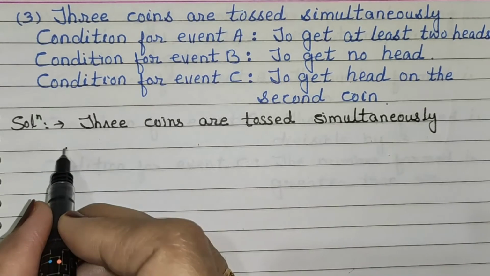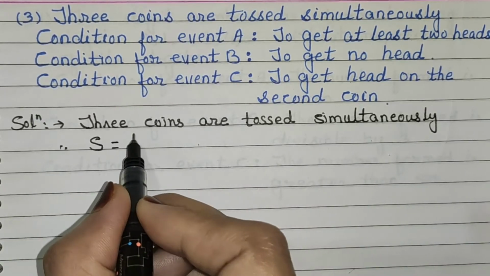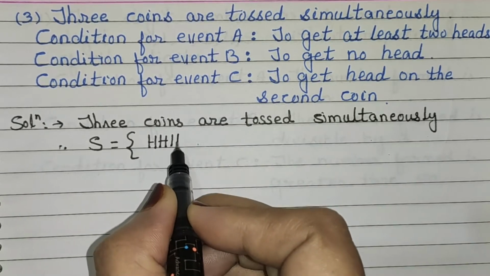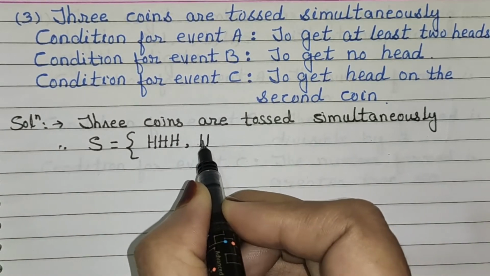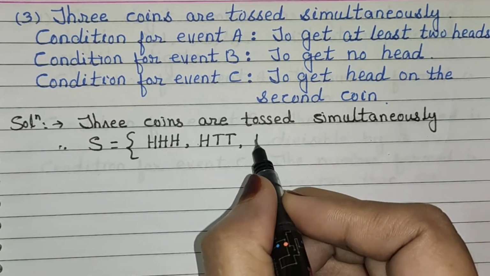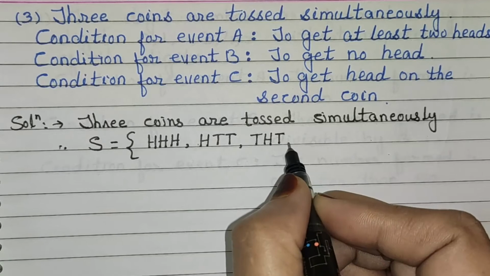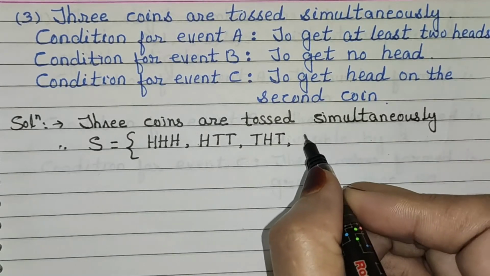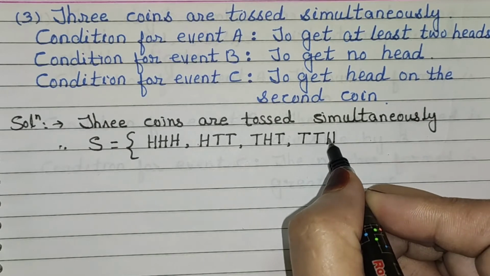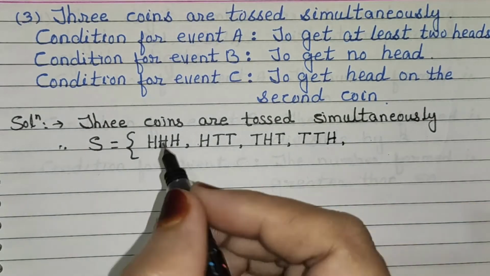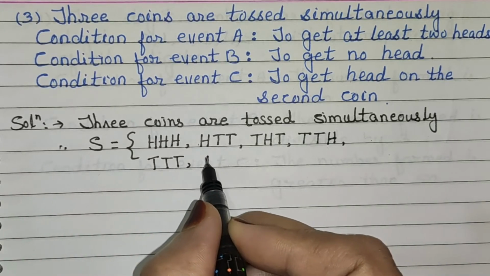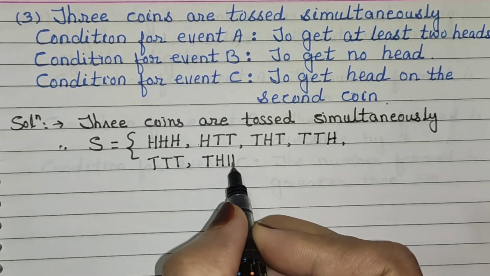Then the sample space, we know that, therefore S is equal to, now H, H, H. First H, others are T. Now the second one is H and others are T, and the third one is H, others are T, and T, T, T. First one is T, others are head.